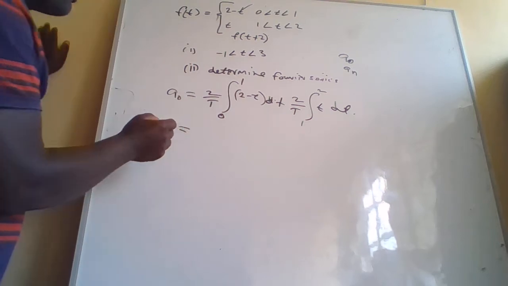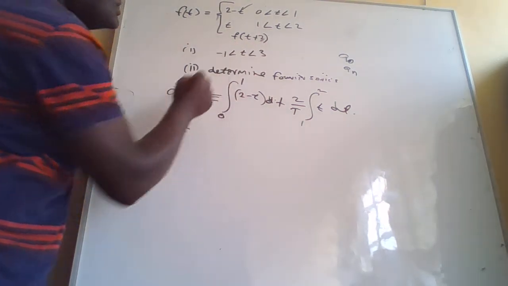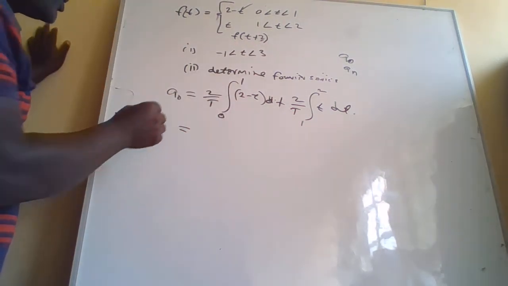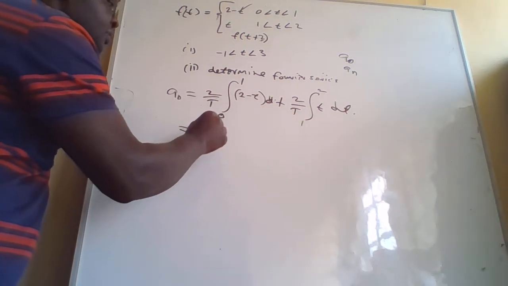So this equals to, but what is T? T is 2, the period is 2, so here we have 2 over 2.